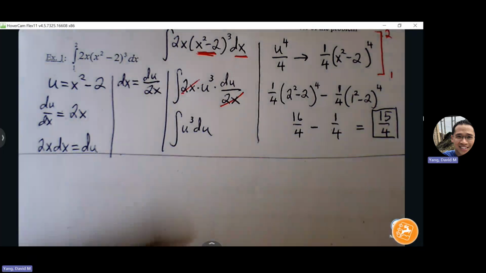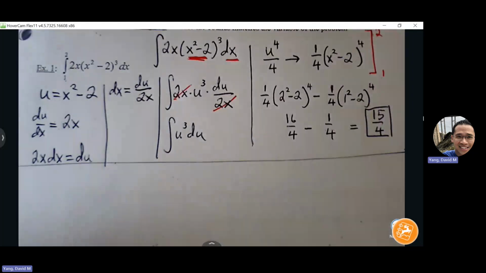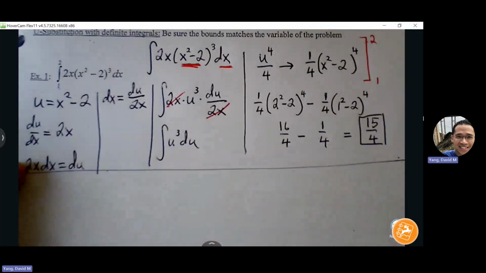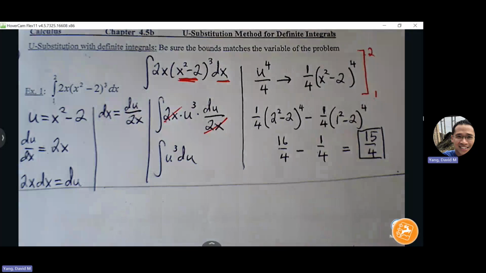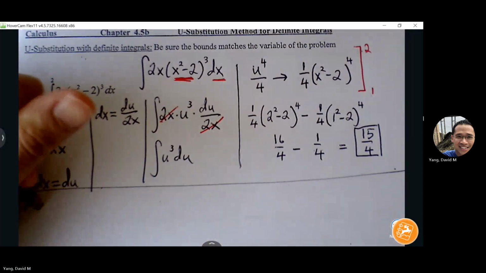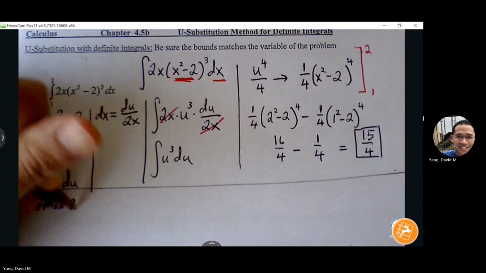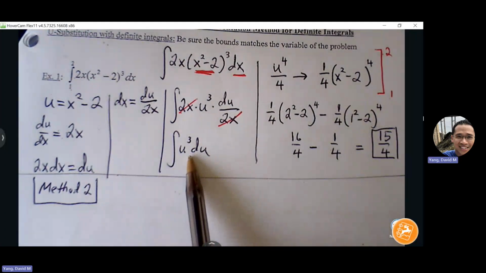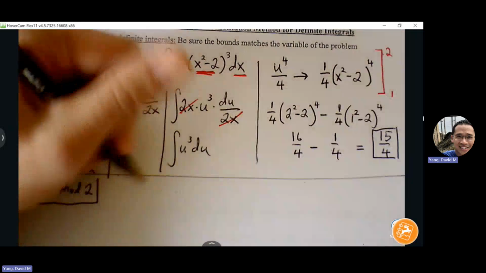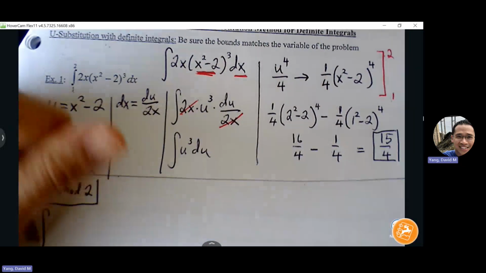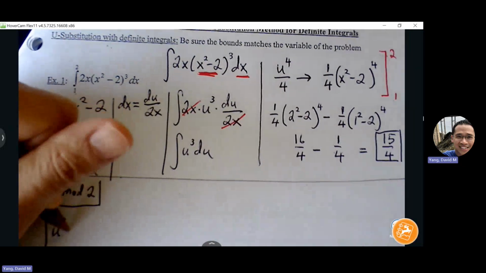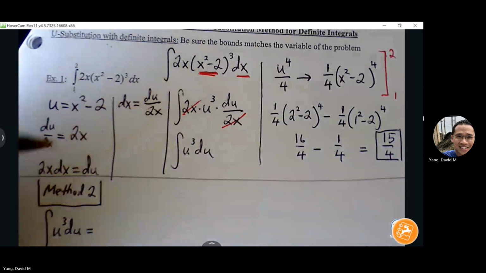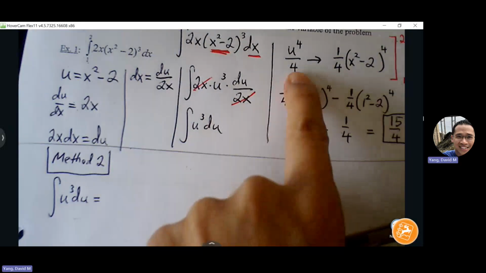Oh, sorry. We're still on example 1, but I want us to leave the space for us to go through. This is method 2 here of evaluating the bounds. Now, everything up to this point is going to stay the same. So I'm going to write that everything up to this point, u to the third du, is u to the fourth over 4.